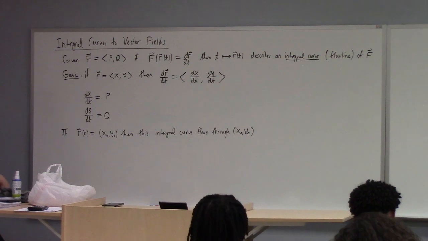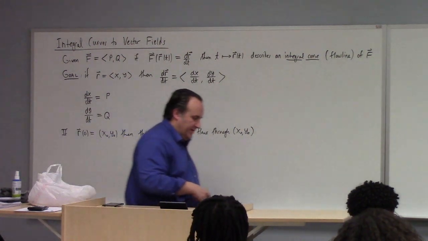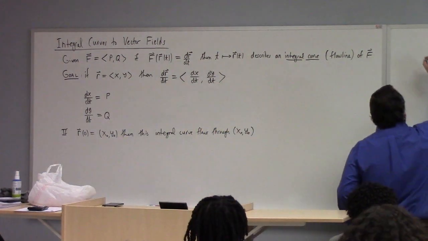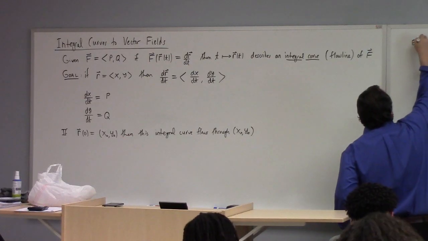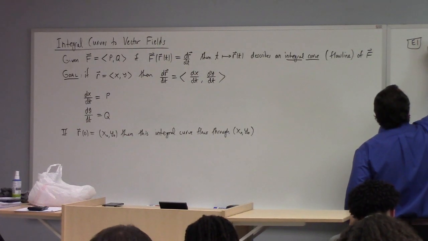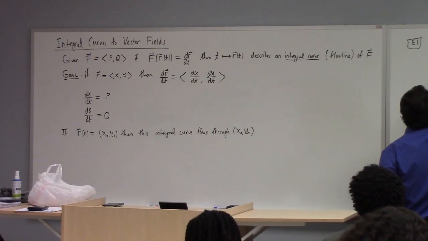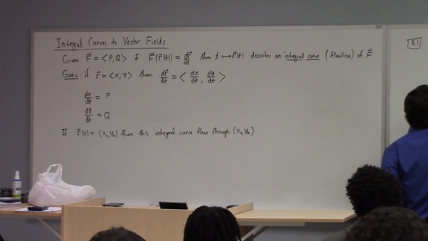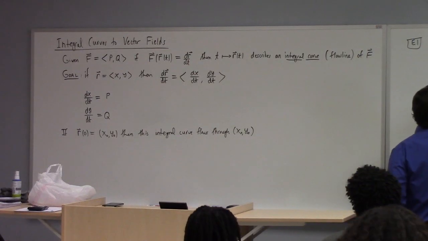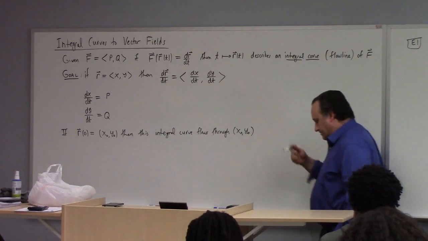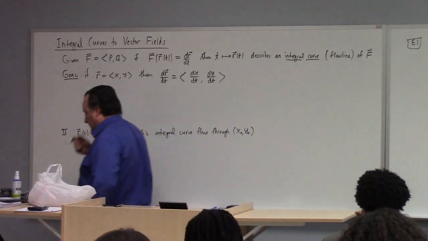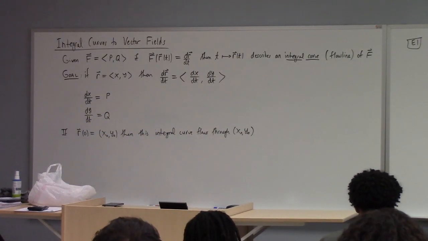Okay, so let me give us a specific example to work on. Example 1. We could have the vector field equal to, let's just keep it real simple, (x, minus y). All right. So this vector field is a variable vector field, right?